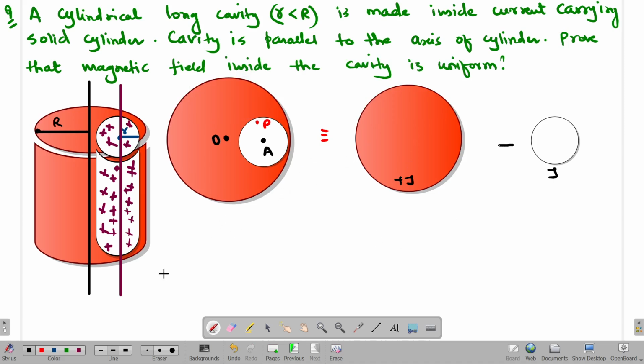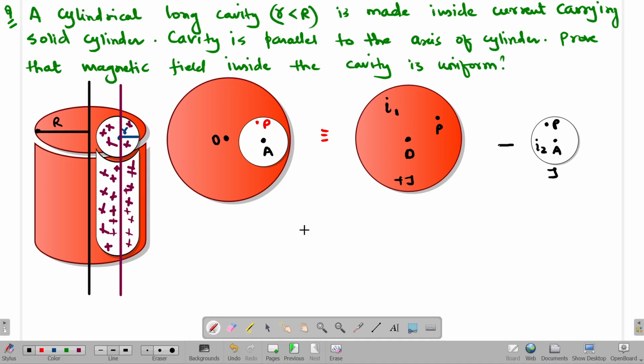So this looks like center O, and here is my point P where I want to find the magnetic field. Here is my center A. Let us consider this a whole big surface, so the current existing here is I1 and here it is I2, because this is a small region.